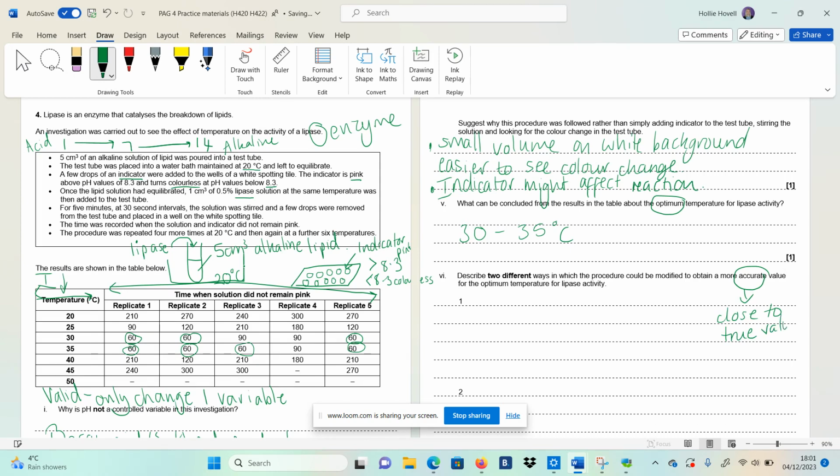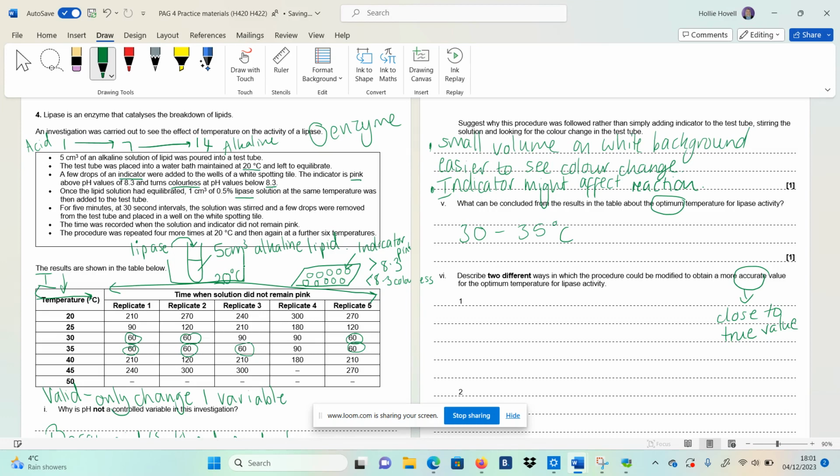What's the perfect answer? What's the right answer? Okay, accuracy. So how could we do the procedure differently to try and get a really accurate result? So we've come to the conclusion from ours that the optimum temperature is 30 to 35. So how could we have got a more accurate result than that?